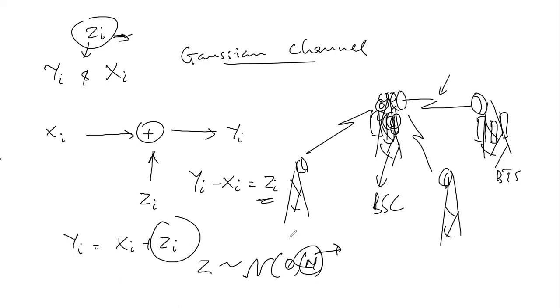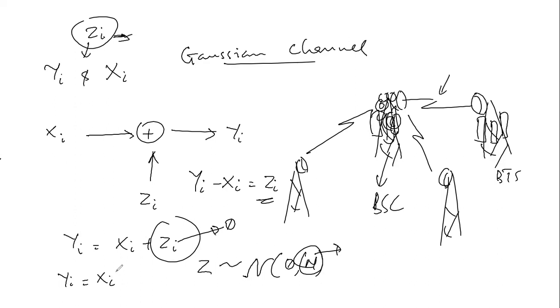Okay, so if this is clear, then the capacity of this channel may be infinite if the noise variance is zero, okay? And then the receiver receives the transmitted symbol perfectly. So if the noise variance N reduces to zero, it means that the receiver is going to receive the signal without any error.